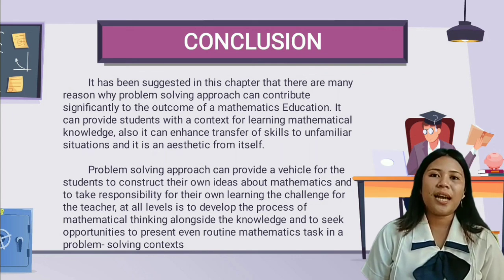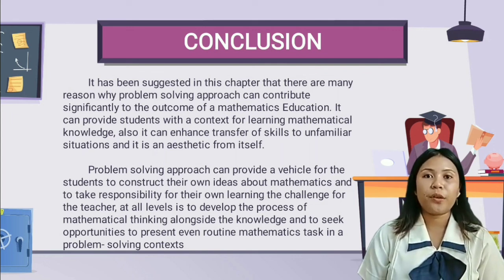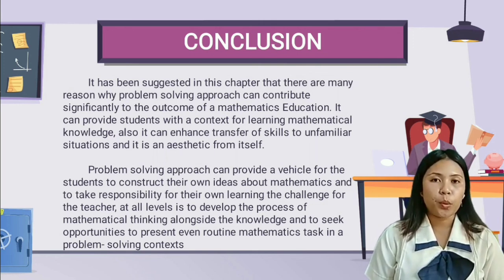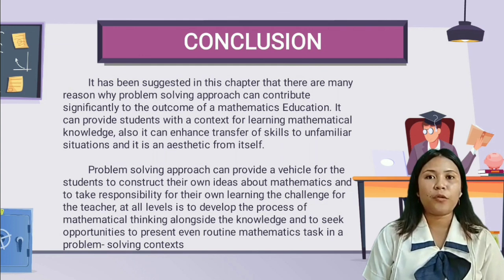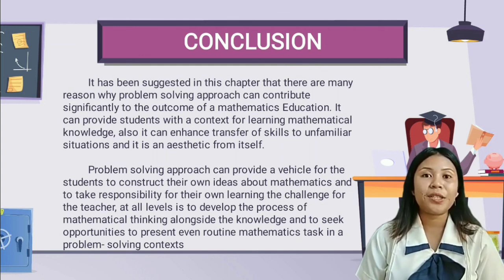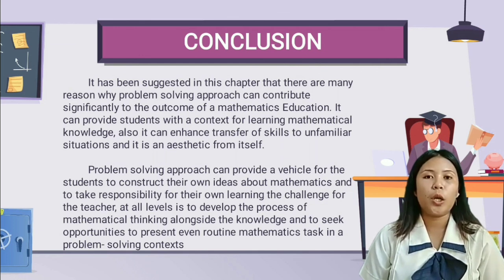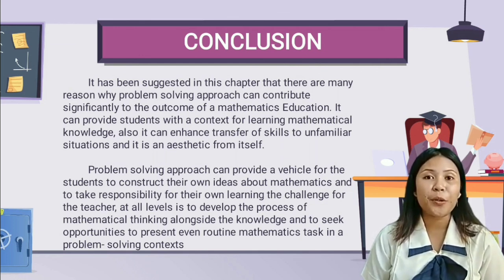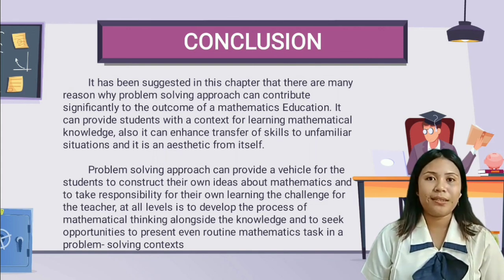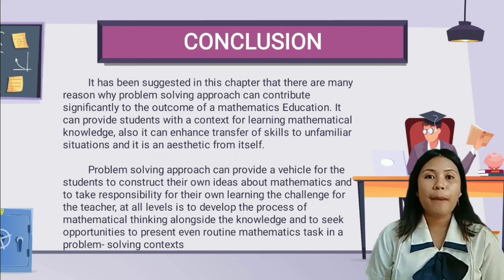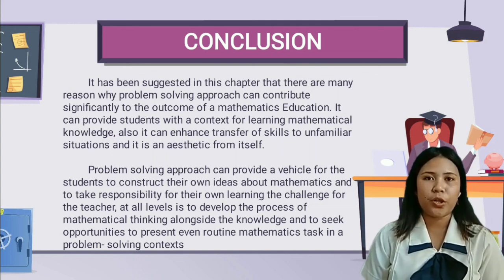Also, it can enhance students' ability to transfer their skills to unfamiliar situations, and it is aesthetic in itself. The problem-solving approach can provide a vehicle for students to construct their own ideas about mathematics and to take responsibility for their own learning. Problem solving allows students to develop understanding and explain the process used to arrive at a solution rather than remembering and applying a set of procedures.